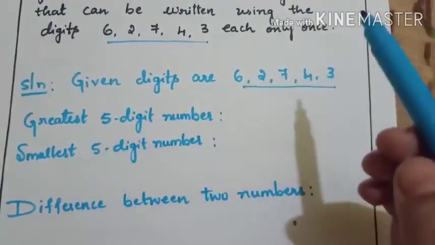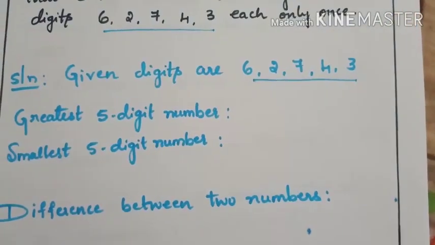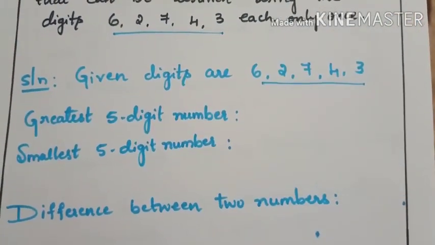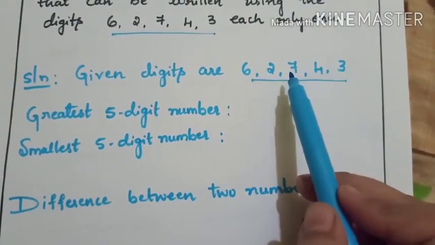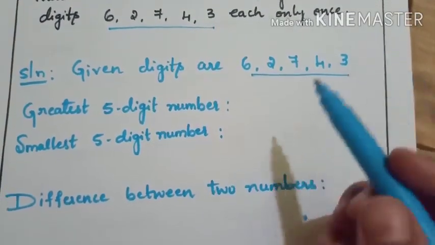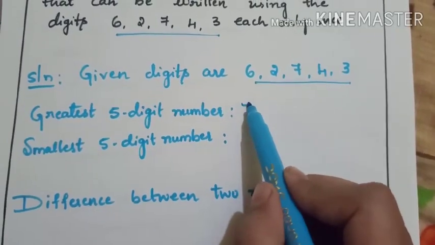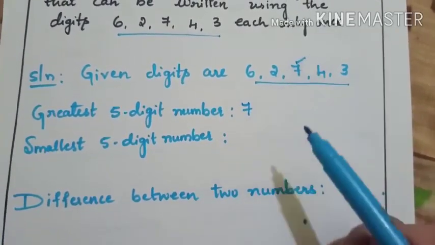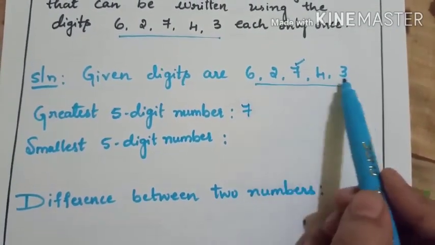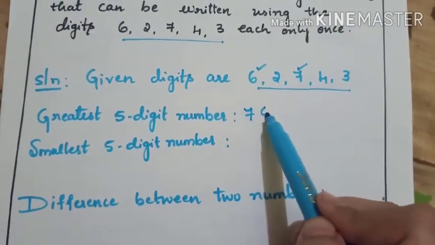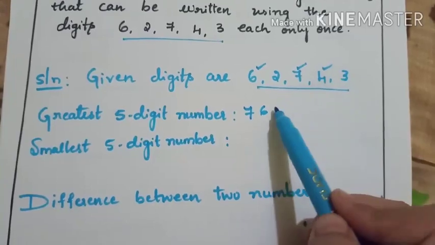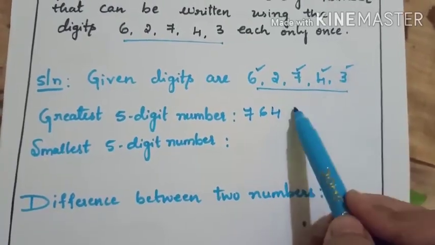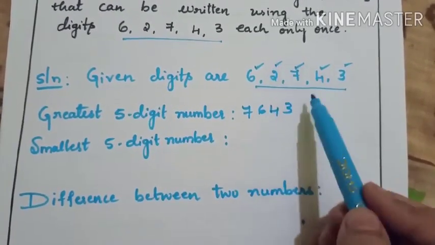To write the greatest number, begin with the biggest digit first. Look at these digits, which is the bigger one? 7, right? So 7, and the next bigger is 6. Then among these 3, 4, 3, and then 2.